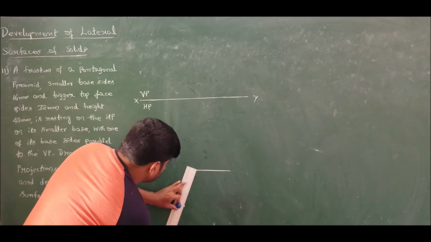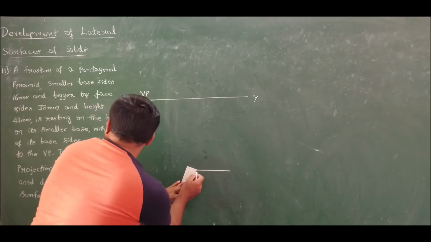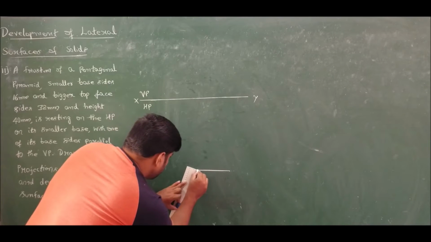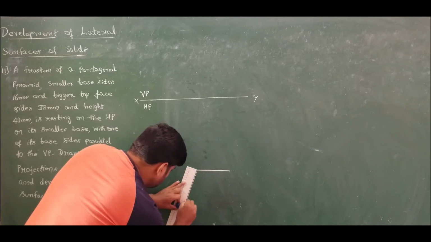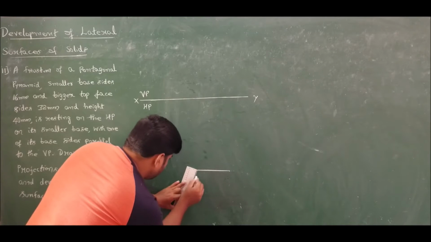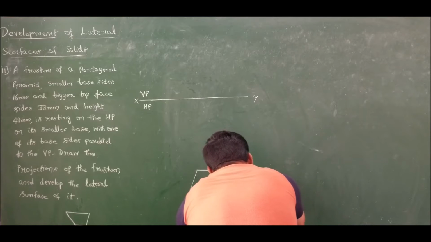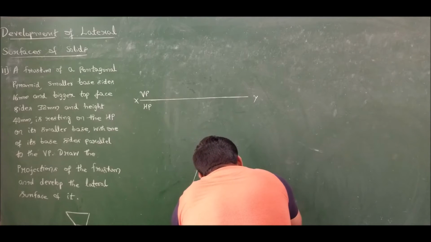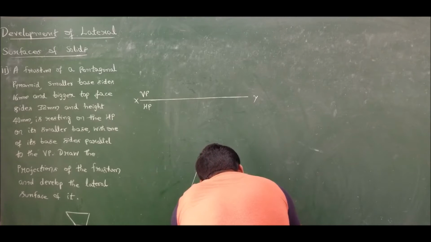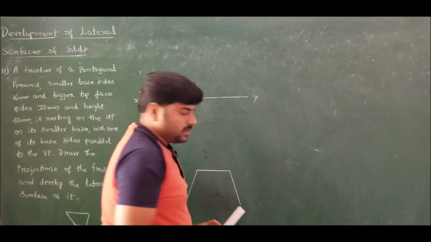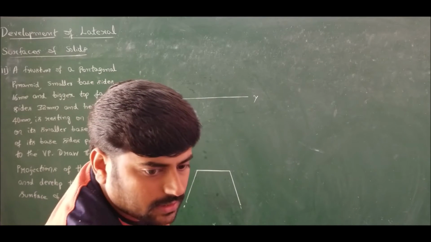So draw 32 mm again. Similarly here also draw 32 mm. Now using the compass, complete the pentagon.